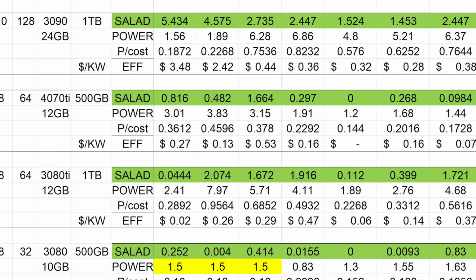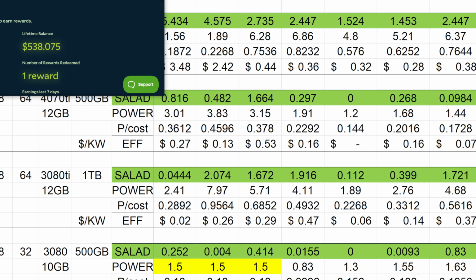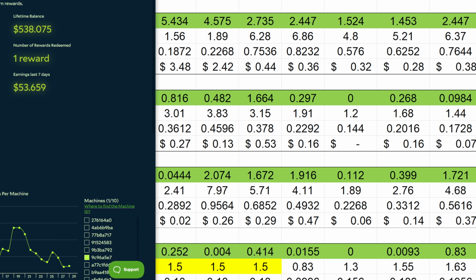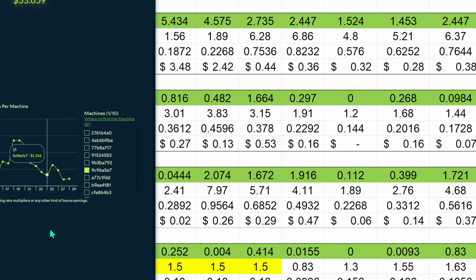So let's go back to the E7 rig, and I'll show you guys. This is my E7 rig right over here. So I'm gonna put it right next to it. Okay, so November 20th, right over here.